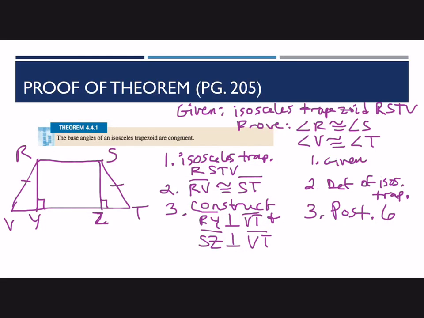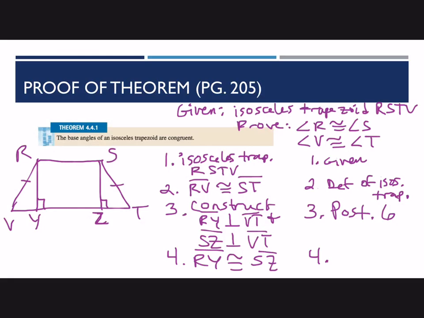Then I also know that RY and SZ are congruent. And we have a theorem that says that. There's one that says that parallel lines are everywhere equidistant.